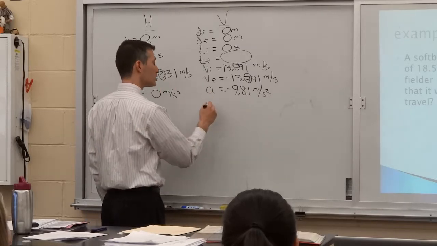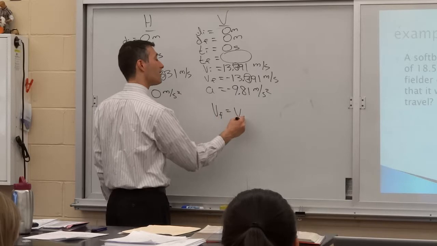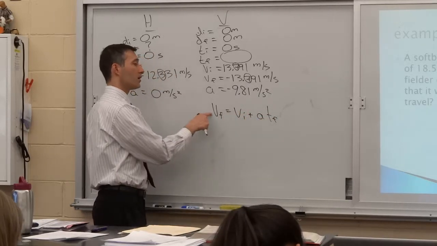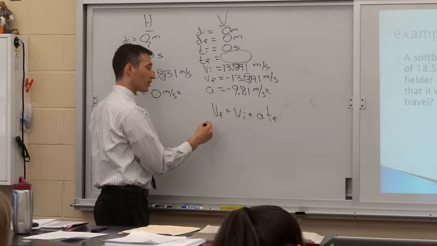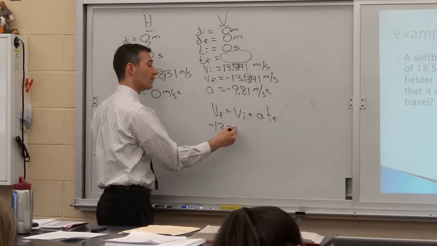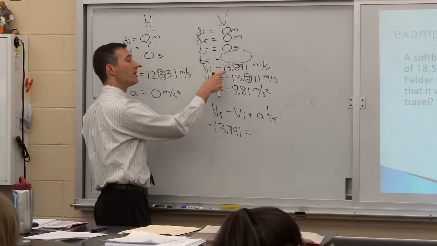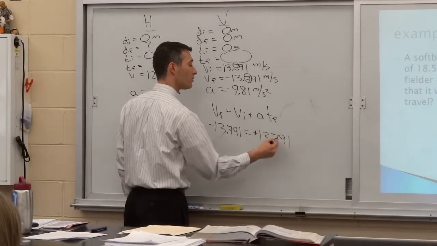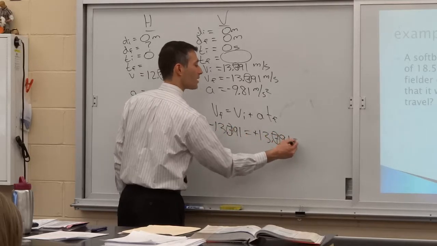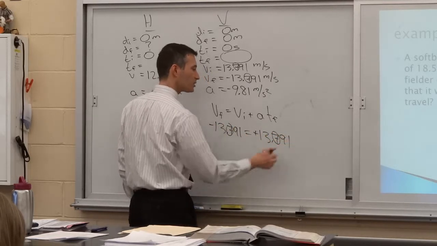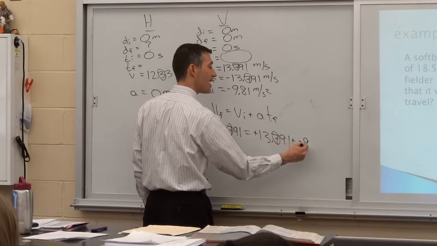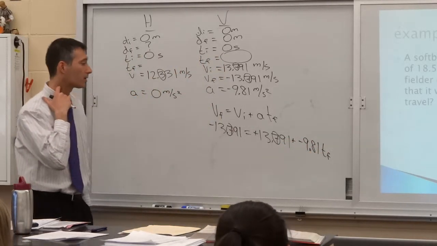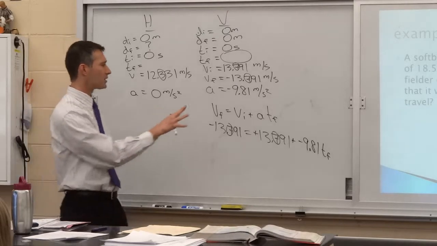What I can use is my VF equals VI plus A TF equation. Because I know the final velocity vertically is negative 13.791. And then the initial vertical velocity is positive 13.791 plus, oops, not an equal, it's plus, the acceleration is negative 9.81. And we still have our TF there. So that's going to be a pretty direct method to get that TF.